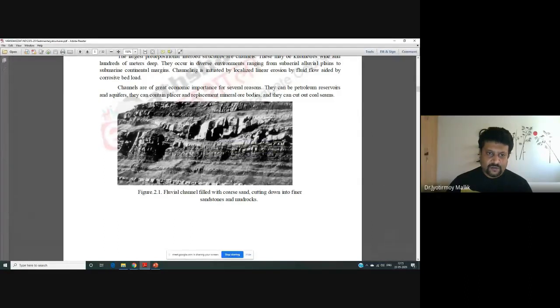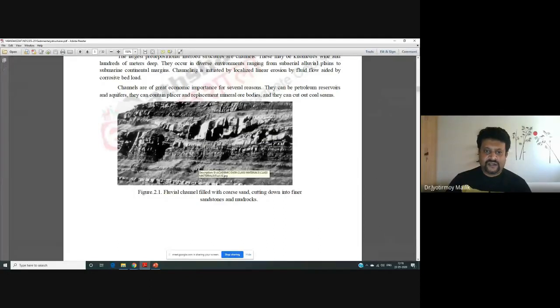but you can very beautifully identify a channel in your sedimentary rock strata. And these channels are particularly important because the sediments that you find in a channel bed are extremely porous and permeable. So they form beautiful hydrocarbon reservoirs as well.